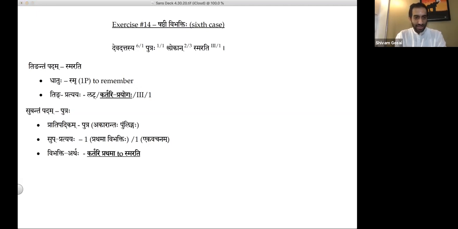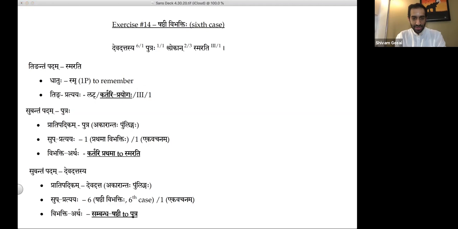When you're looking at the sixth case word, you see at the bottom of the screen it says sambandhe shashti, because it's a connection of one noun with another noun. So it's a sambandha shashti to putra, not to the verb. Which noun is it connected to? Devadatta's what? Devadatta's son. Or you can say the son of Devadatta.